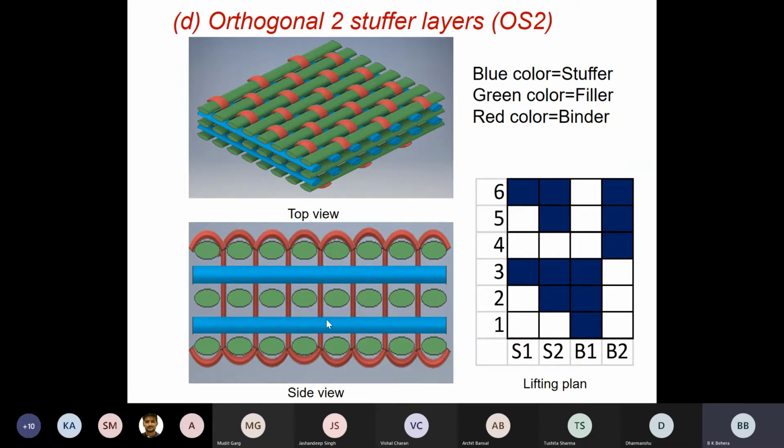The idea of showing all these is that it is possible to produce these 3D orthogonal fabrics having different weave designs. So the question arises, why do we want to produce 3D orthogonal fabric with different weave designs? It is exactly the same as the role of weave design in fabric mechanical properties.